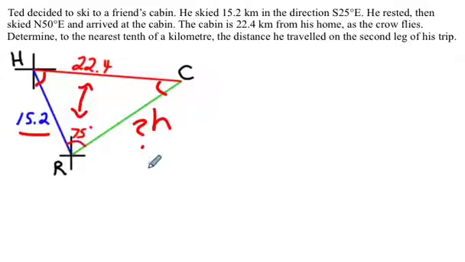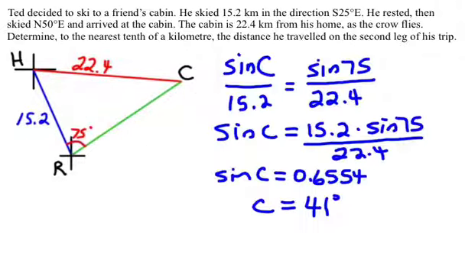So the setup is the most difficult part for people. The rest now is just doing what you do whenever you have this situation. We have a non-right angle triangle. We're going to use either the law of sines or the law of cosines.